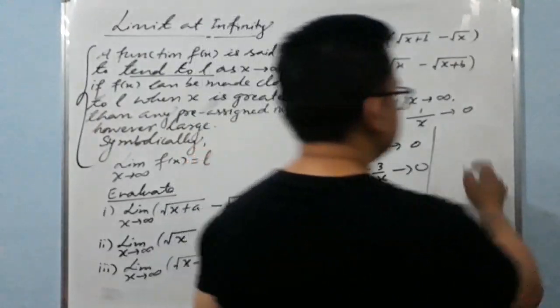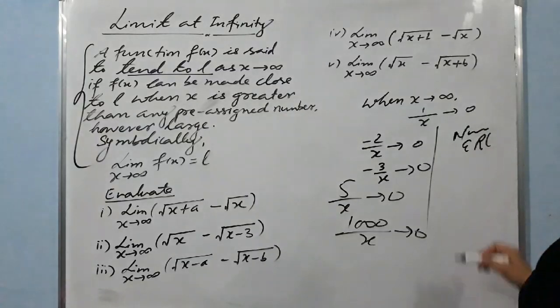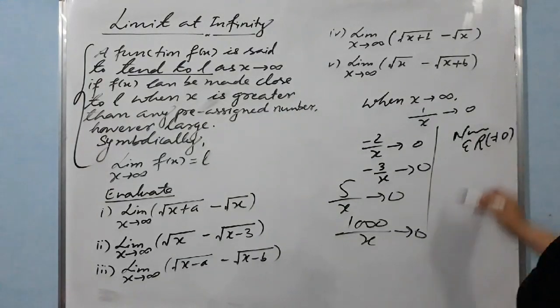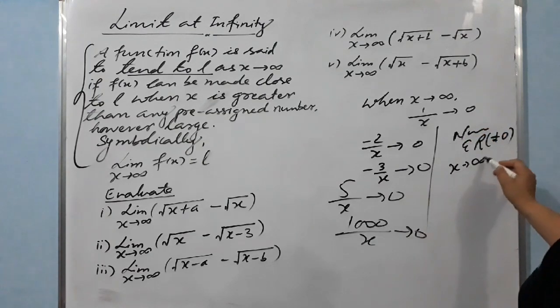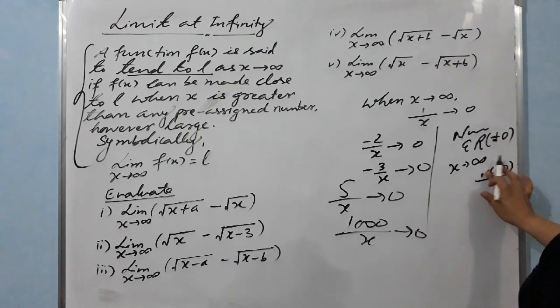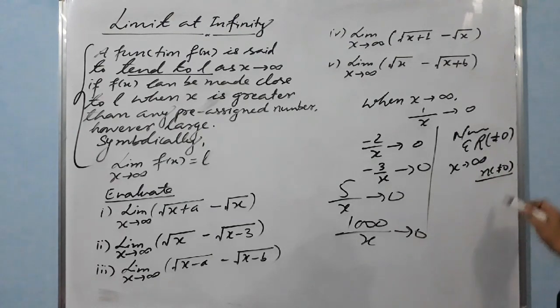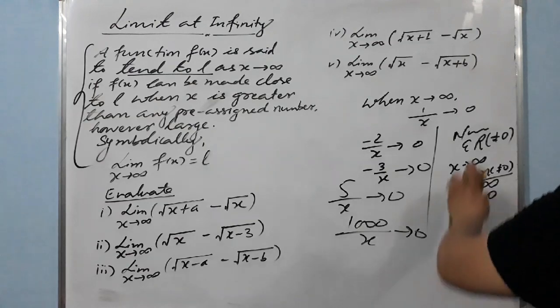If we have any real number except 0 in the numerator, then as x tends to infinity, any real number upon infinity is equal to 0.